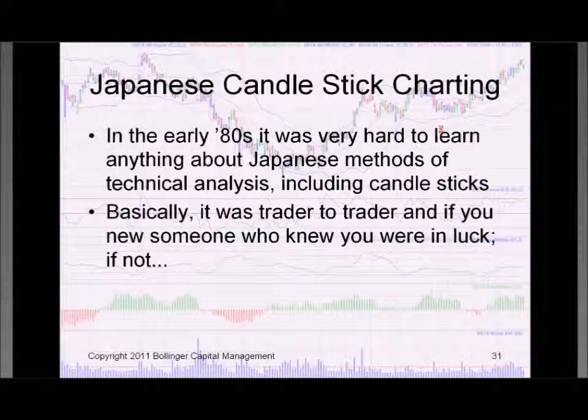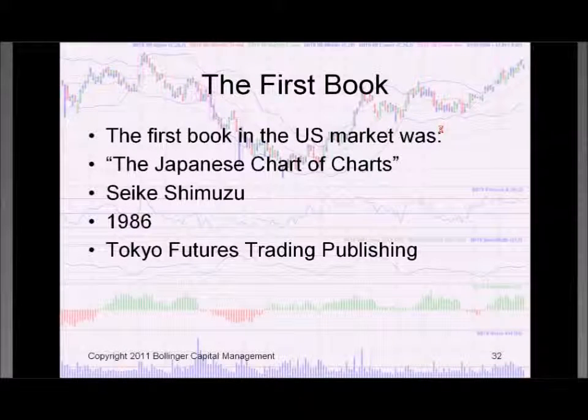He had heard that Seiki Shimizu's book, The Japanese Chart of Charts, was being translated into English, and he actually flew to Japan and bought a slew of them before they were imported to the U.S., stuck them in his suitcase, flew them back to the U.S., and sold them to the poor suckers that wanted to know something about charting for twice the list price of the book. The book list price was $20, and he sold them for $40.